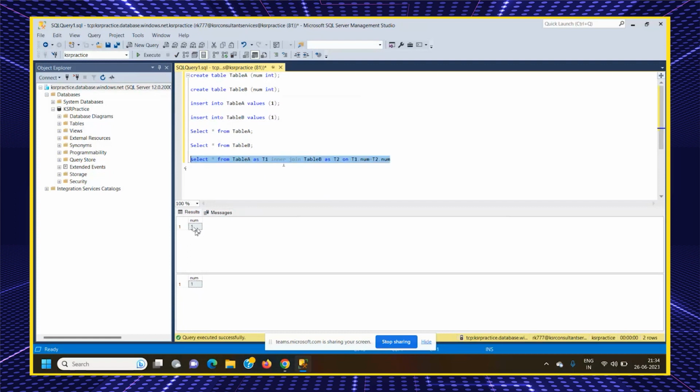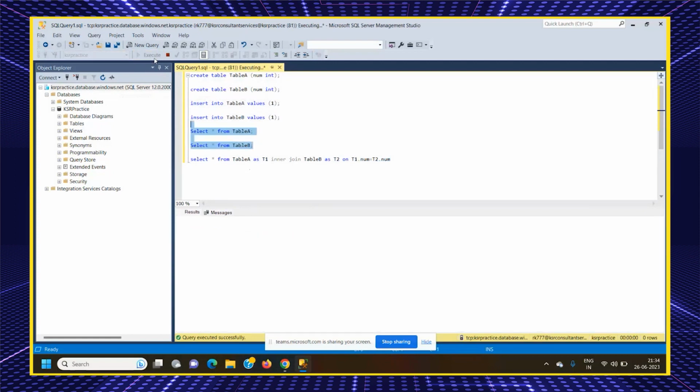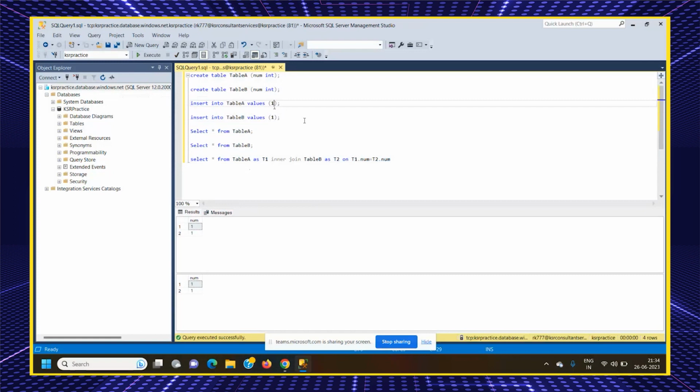Let's see how this would look. We have only similar records, so 1 and 1 would come into the picture in case of inner join. Now we add a few more records. Let's add another 1, so we have 1 and 1 twice in both the tables. We'll add one more: a 2 in table A, and a 1 in table B again.